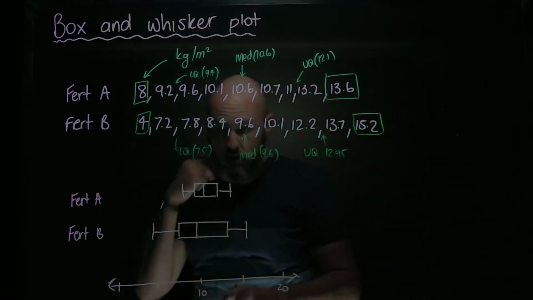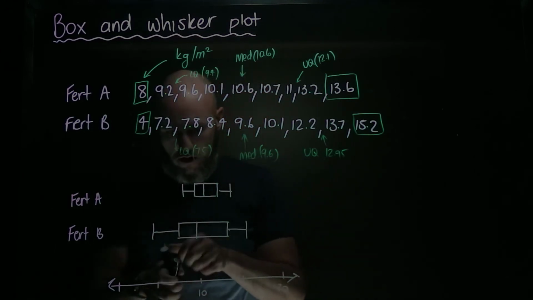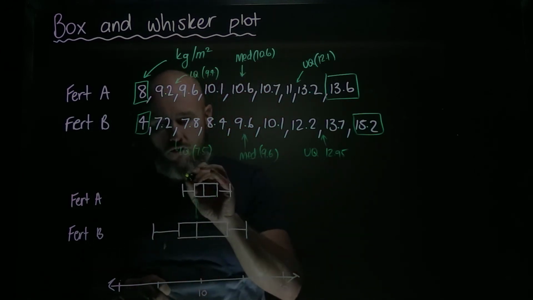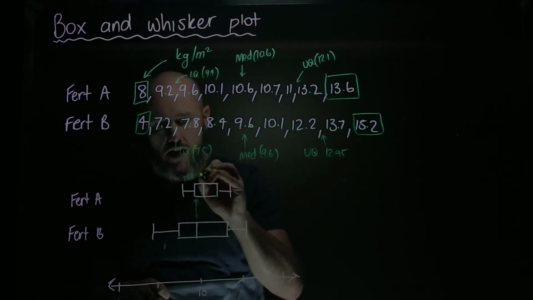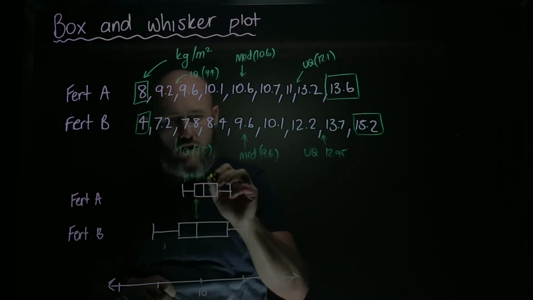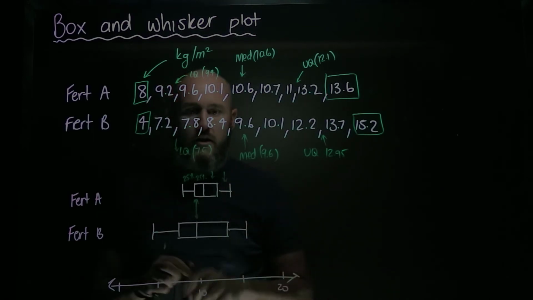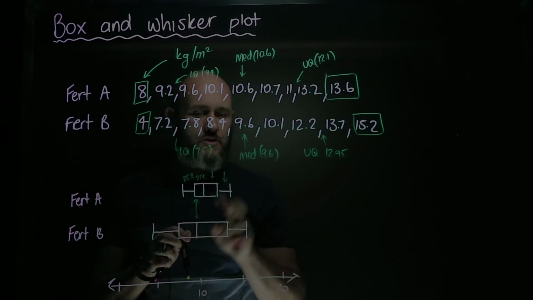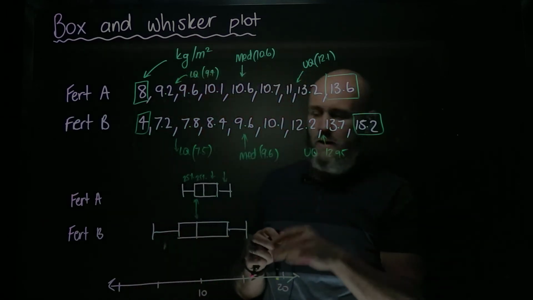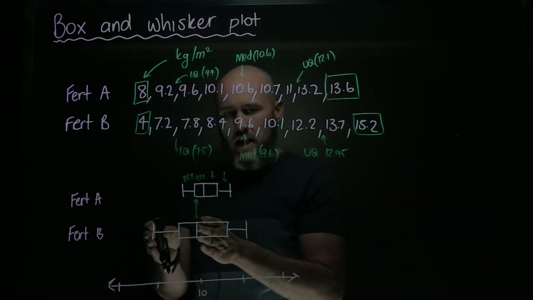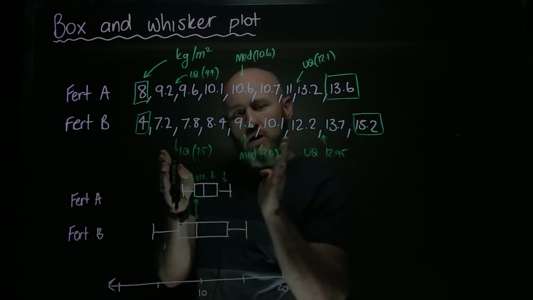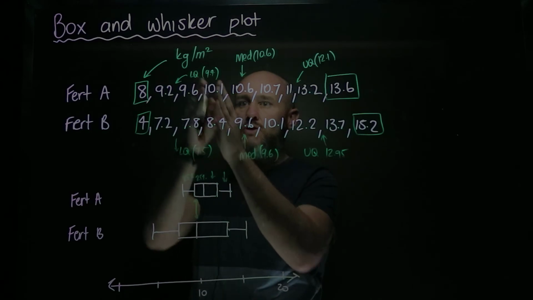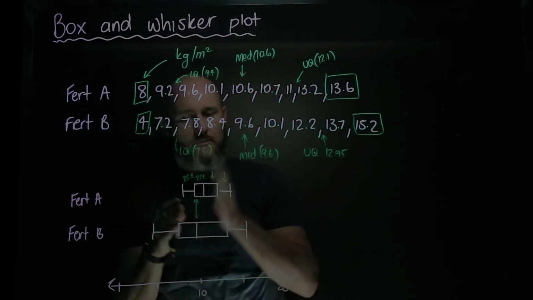Okay, secondly, and this is important, that I've got this match up here. It's just going to help me. Remember I've got 25% of my data in each of these sections, and there and there. And I've got a match between the median and the lower quartile, almost. Not exactly, but really close. So 50% of the data for fertilizer B is below the median, which is 9.6. 25% of the data is below 9.4 for fertilizer A, and they're pretty similar numbers.